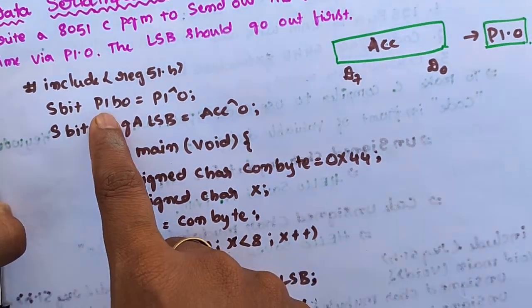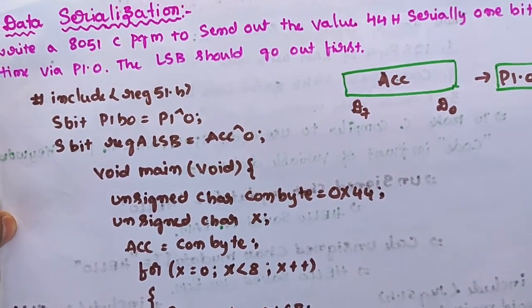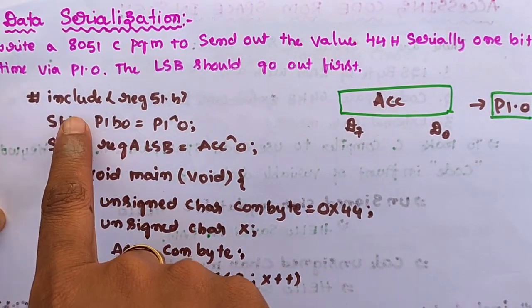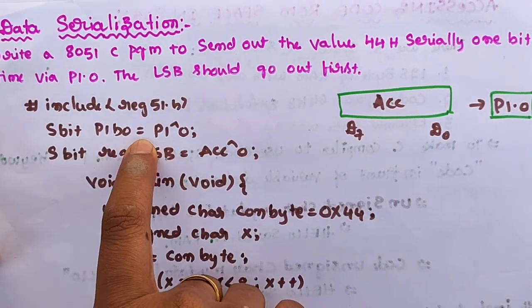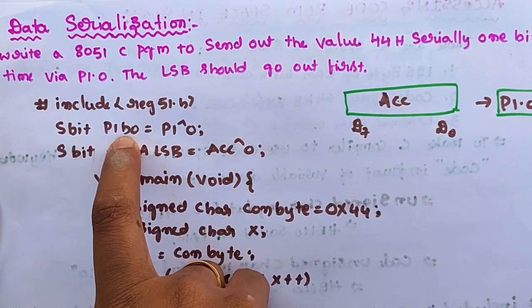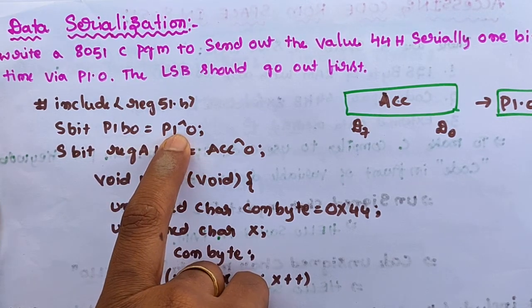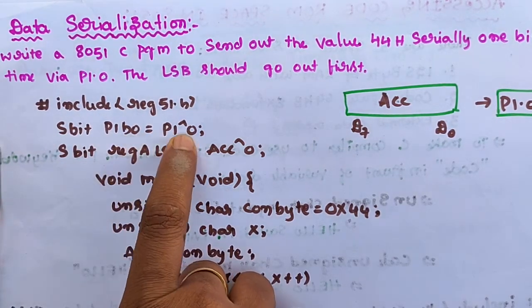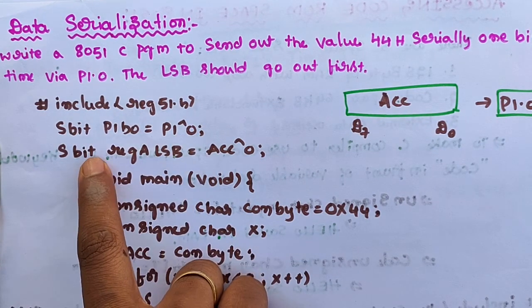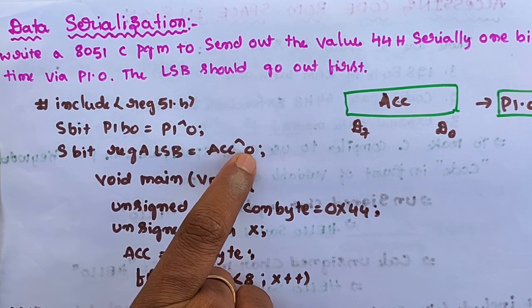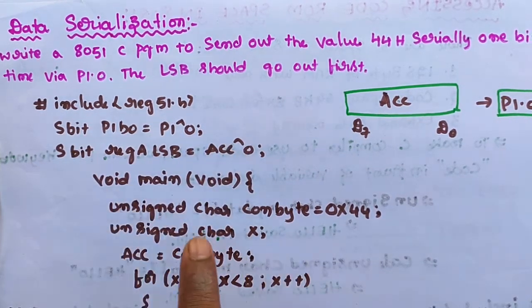We include the header, and the accumulator content will be transferred to port P1. We need to mention which port bit we are using to transfer the one bit of information, that is P1.0, so the port pin is assigned. Next, the accumulator's LSB needs to be mentioned, so that is also initialized.